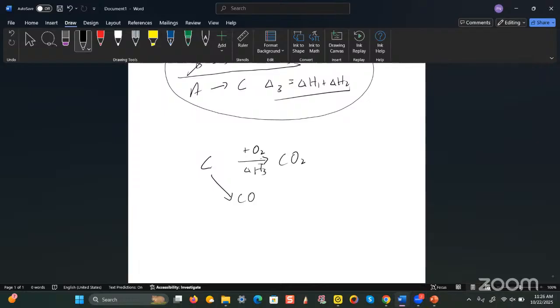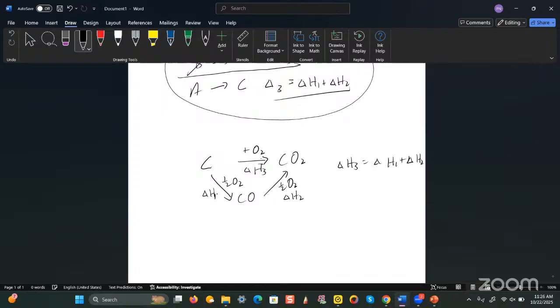To go from carbon to carbon monoxide, you're going to add half a molecule of O2, and that will be delta H1. And then going from carbon monoxide to carbon dioxide, that will be another half mole of O2, and the delta H value for that would be delta H2. And again, we can write down the relationship between delta H3 and delta H2 and delta H1. Delta H3 will be equal to delta H1 plus delta H2, just like we did before.